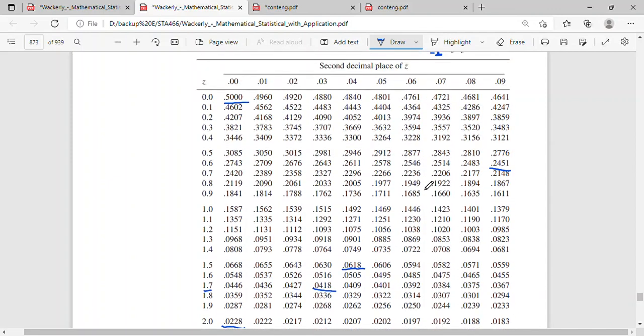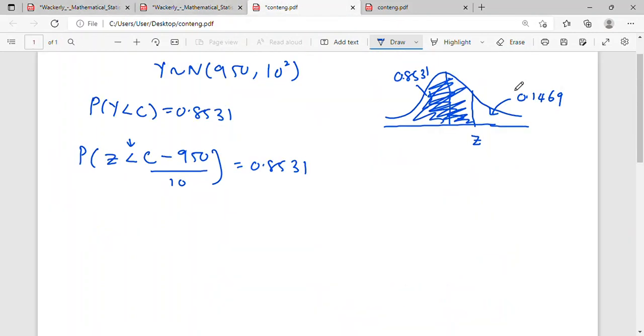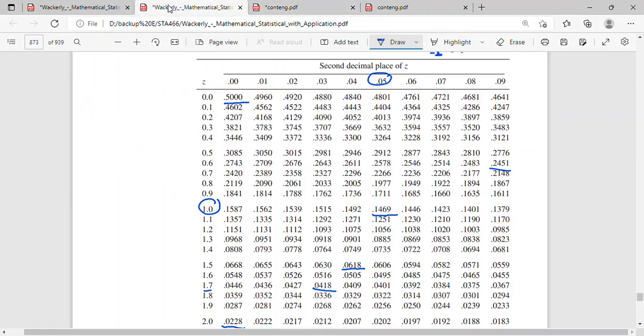Maksudnya yang value kat dalam ni 0.1469. Here jumpa 0.1469. Positive 1.5. Z adalah positive 1.5. Sorry, 1.05.